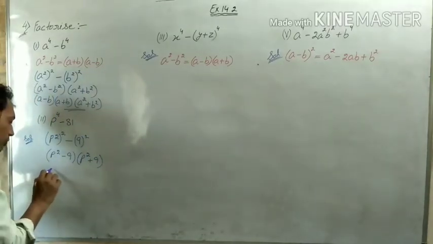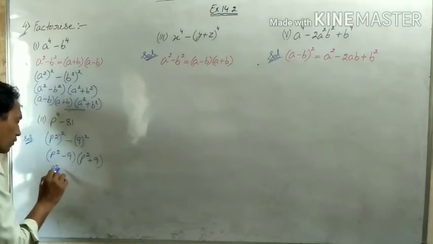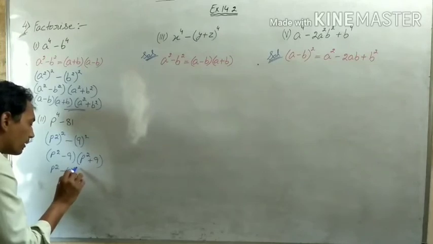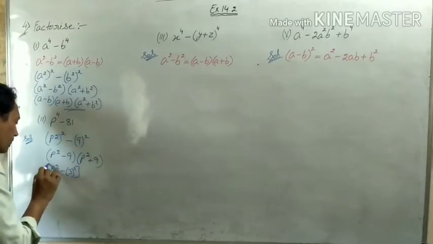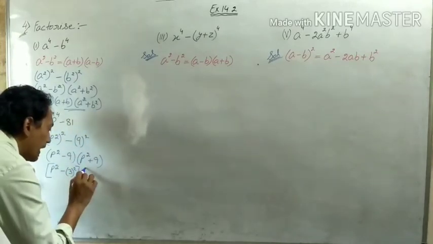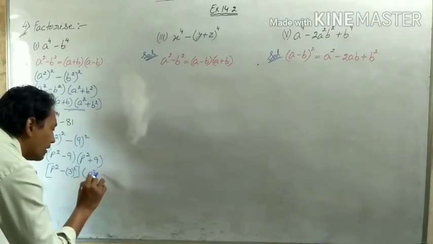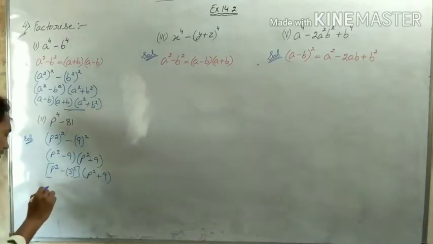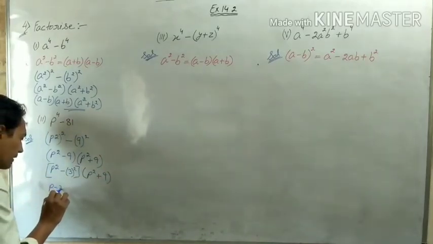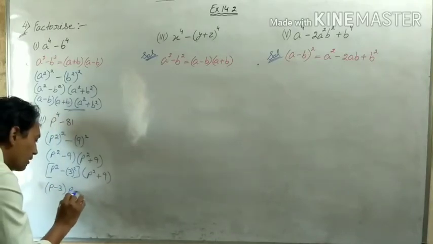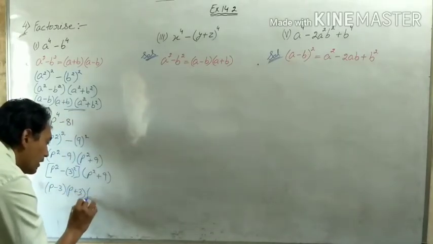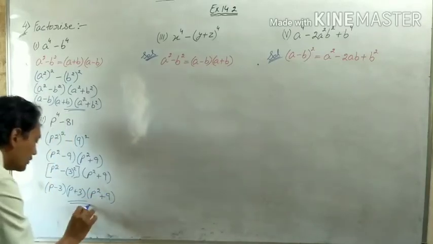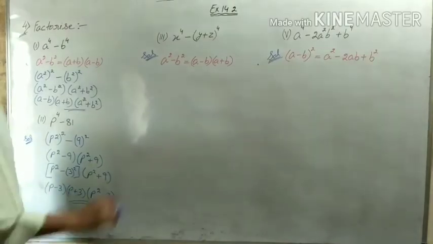Again we need to do a bit of modification. P square minus 9 can be written as 3 square. The whole thing can be put into bracket and the rest of the thing as it is, p square plus 9. Again applying the identity here, we get p minus 3 into p plus 3 into p square plus 9. This is your factorization.